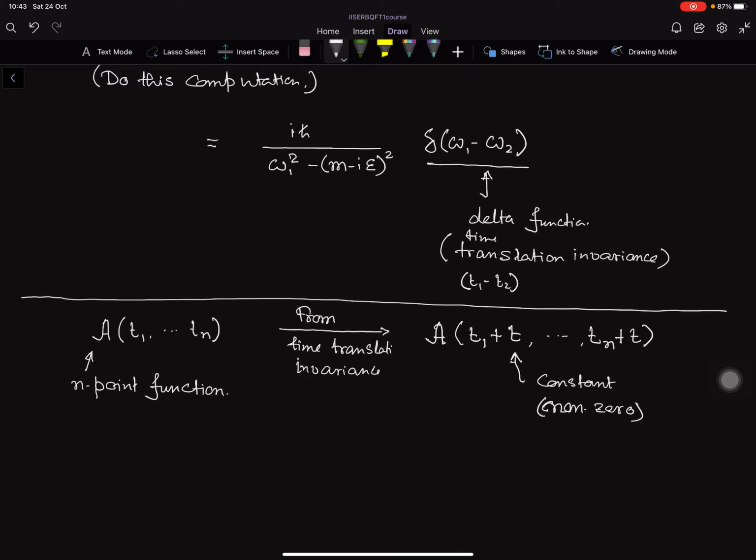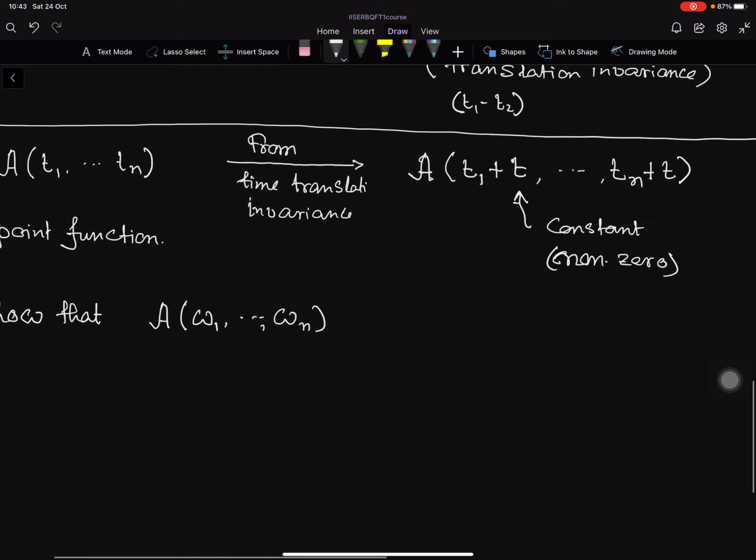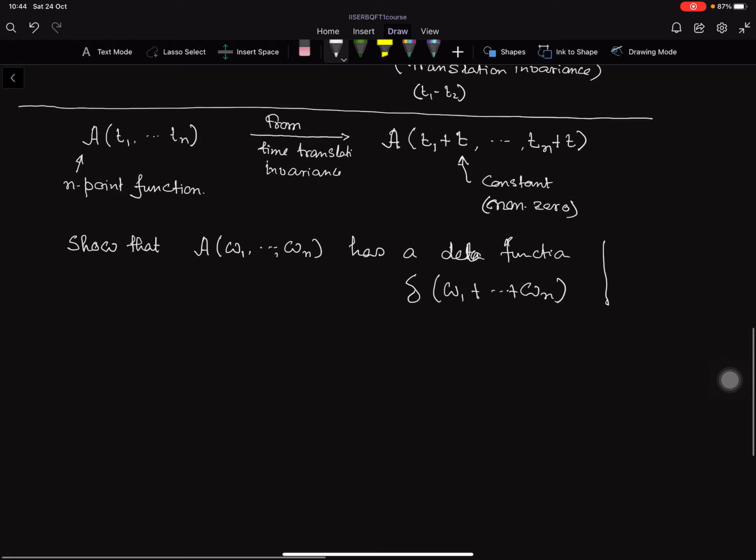From this, as an exercise, show that the frequency space expression has a delta function.